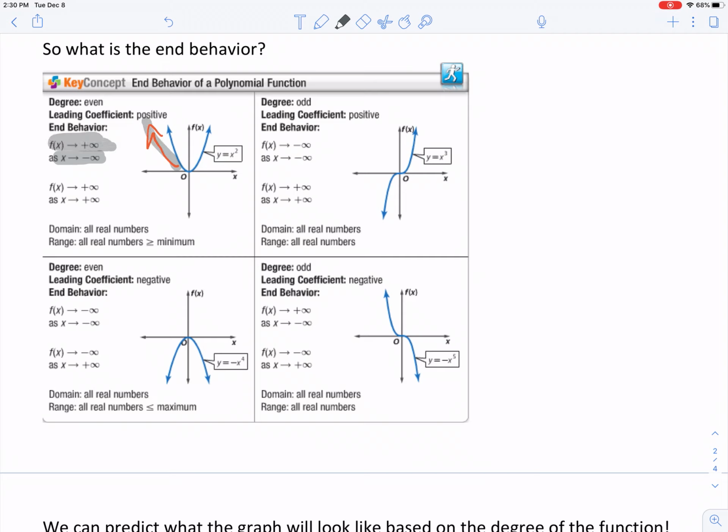So now, as the function goes to the right and up, that means as x goes to positive infinity, the function goes to positive infinity. Okay? You're reading where the arrow is pointing. So this arrow here, I'm on the fourth one, as it goes to the negative x, the function goes up to positive infinity. So as it goes right, positive infinity, it's going down to negative infinity.